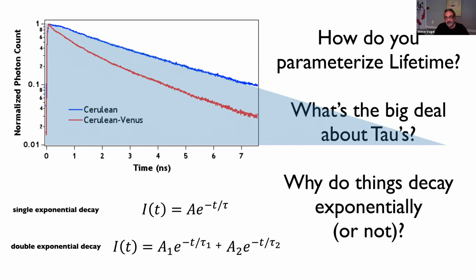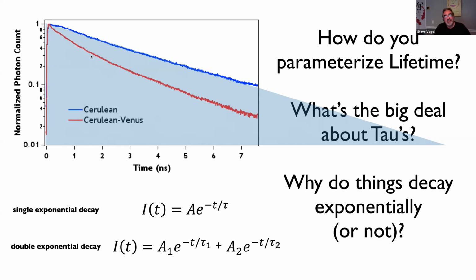Okay. Why do things decay exponentially or not, right? Clearly these are decaying exponentially, but do they have to? Is there some rule written somewhere that all things must decay exponentially? And the answer is not really, right?